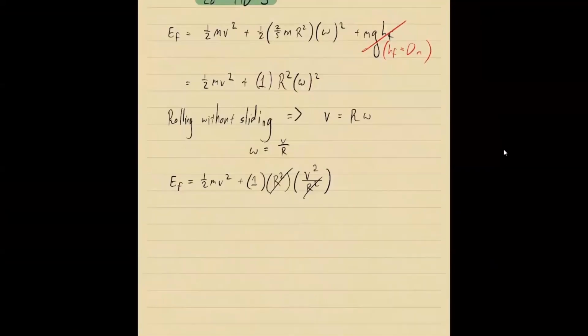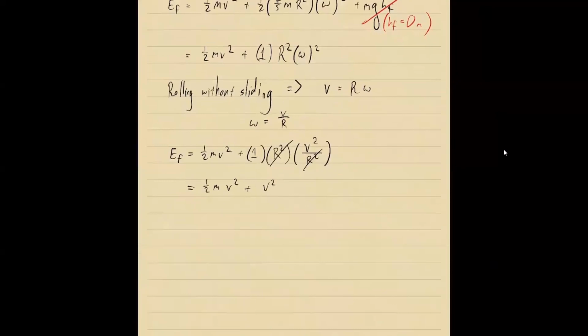Then we're left with 1/2 mv squared plus v squared. And we can factor this out. So this is going to be 1/2 times m, which is 5 kilograms, plus 1 kilogram times v squared, where we're trying to find v.